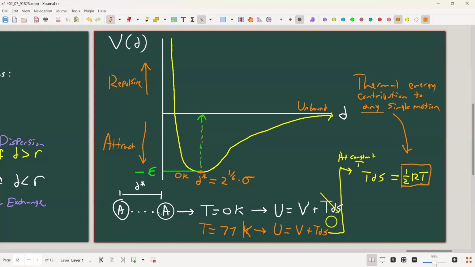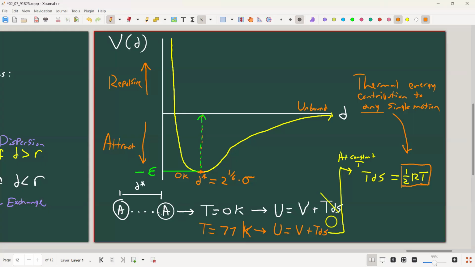If this were a motion with 2 dimensions, like an angle and an R, then we would have RT of heat, because there would be 1/2 RT in the stretching and another 1/2 RT in the angle. Or if we're in 3 dimensions, then it would be 3/2 RT. Or if we have 4 different modes, we'd have 2 RT, or 5/2 RT for 5. Each motion brings to the table 1/2 RT.